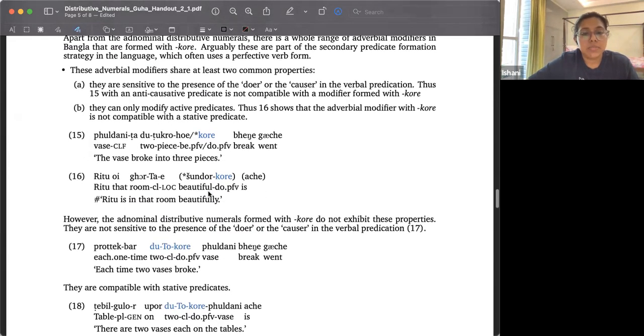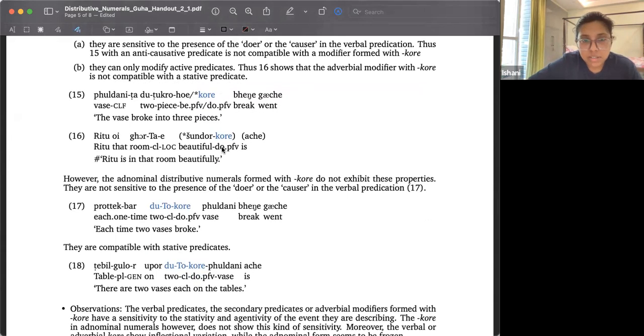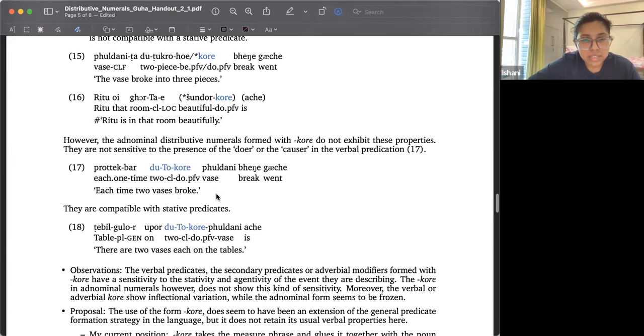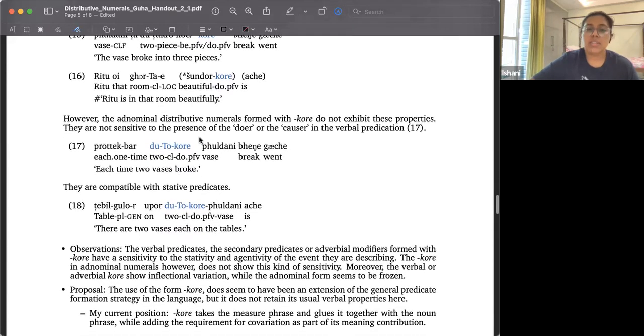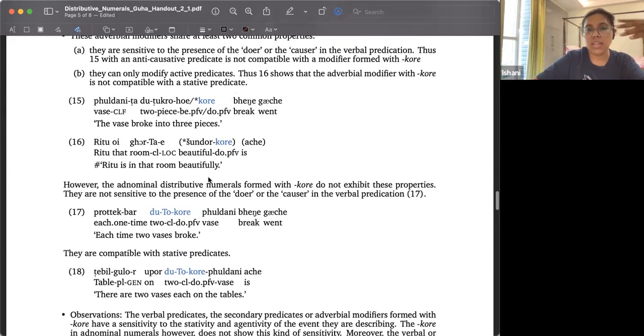However, since I've already told you 15, I don't want to discuss that. I just want to quickly tell you that numerals do not have this sensitivity. So 17, প্রত্যেকবার দুটো করে ফুলদানি ভেঙে গেছে.